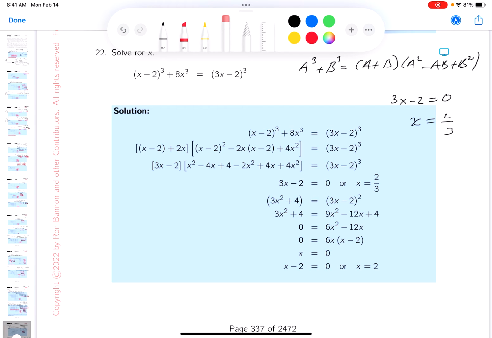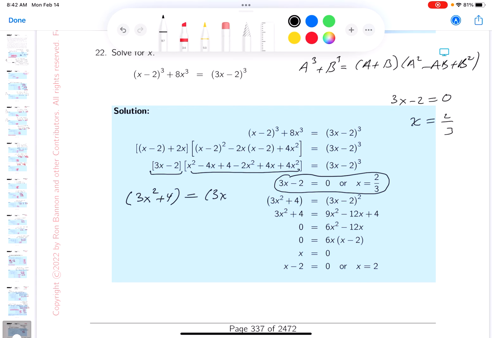Now, before I go too much further, I want to point out I already know this answer over here, so I'm no longer worried about that. What I did was divide both sides by 3x minus 2. And what would you get? Well, remember, we just simplified this and found that was 3x squared plus 4. Now, if I'm dividing both sides by this, the other side becomes 3x minus 2 squared.